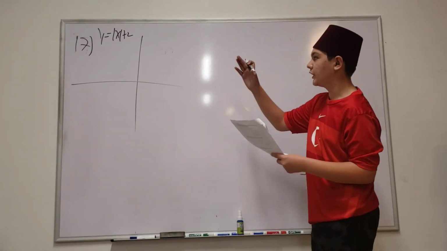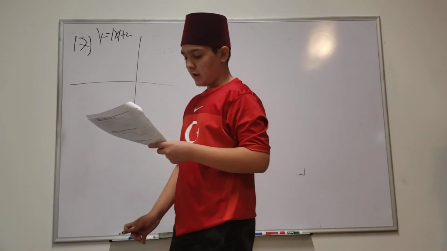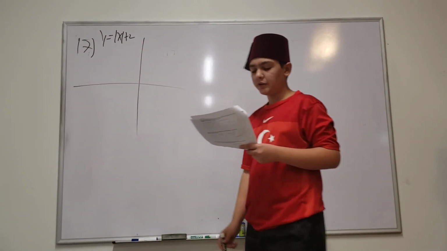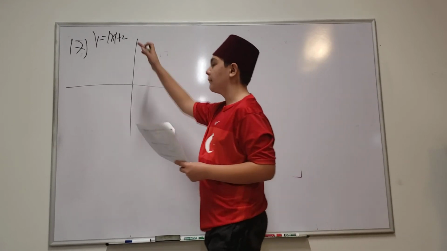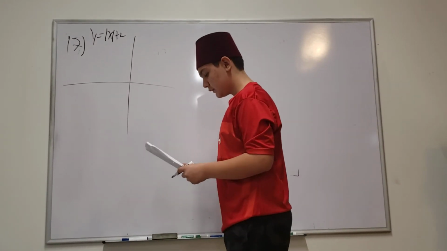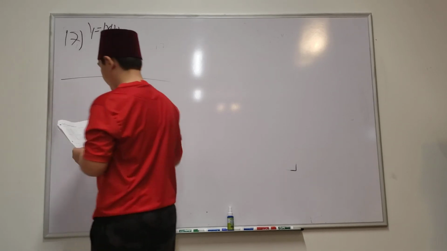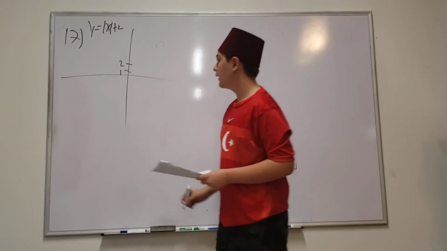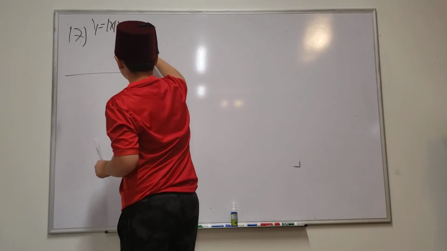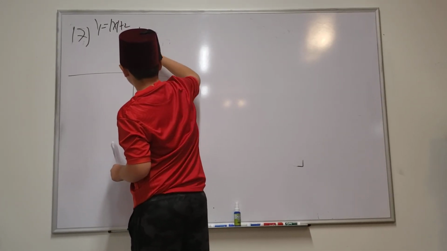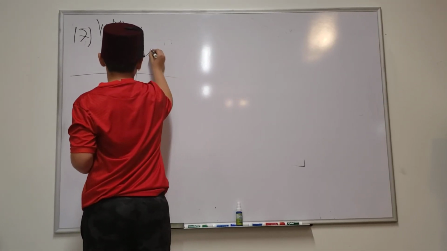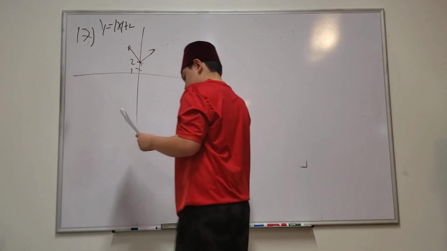But if it's just absolute value of x, plus 2 outside, you just move it up until you hit that point. So let's call this 2 and 1. These are the only points we're going to need. So it's going to be your starting point, and it'll go up in a V. Okay.